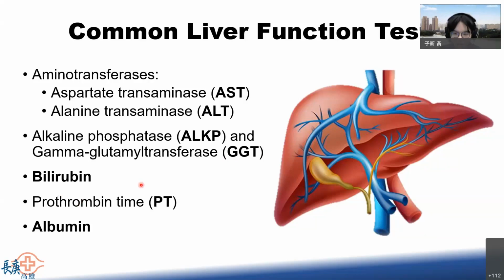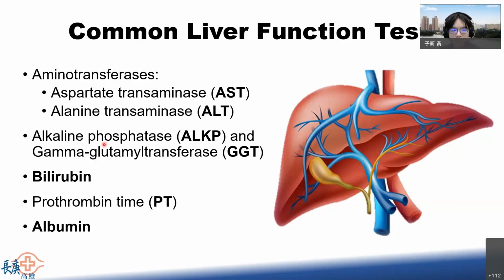So there's conjugated hyperbilirubinemia, which may be elevated in hepatobiliary disease, and also unconjugated, which may be related to a wider range of diseases. For example, with hemolysis, there may be unconjugated hyperbilirubinemia, but if the unconjugated hyperbilirubinemia is related to the liver, then it may be related to impaired liver uptake of the unconjugated form.